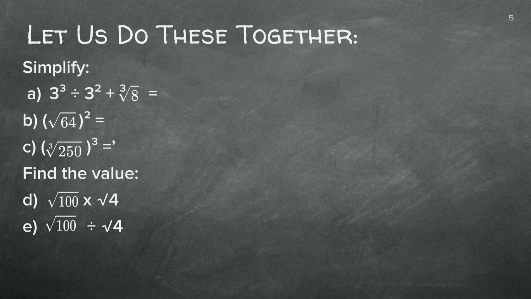Right. Now let us do a few examples together. Now I want you to follow with me carefully. Okay? So they ask you 3 to the power of 3. So what is 3 to the power of 3? 3 times 3 times 3, divide by 3 times 3, plus, and what is the cube root of 8?